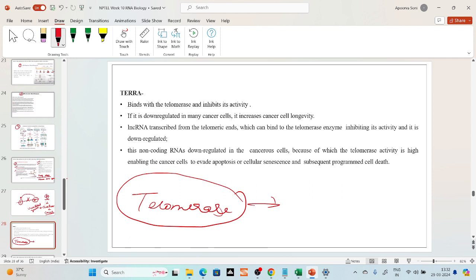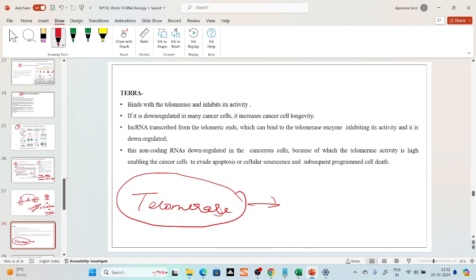Because each and every cell, after a certain stage, has to die. So it has to undergo apoptosis, it has to undergo senescence. One of the mechanisms to undergo apoptosis or senescence is shortening of the telomeres.